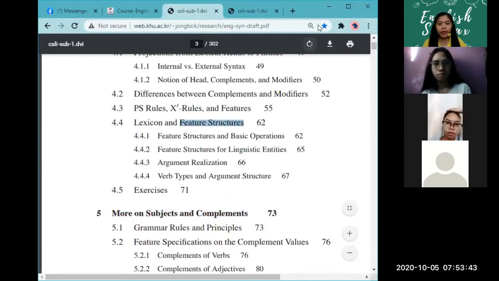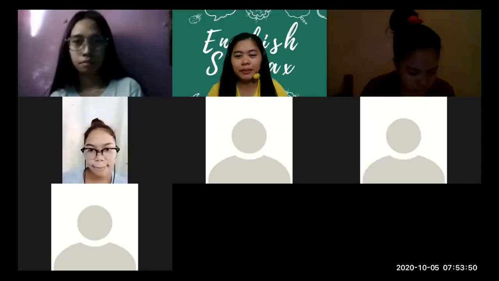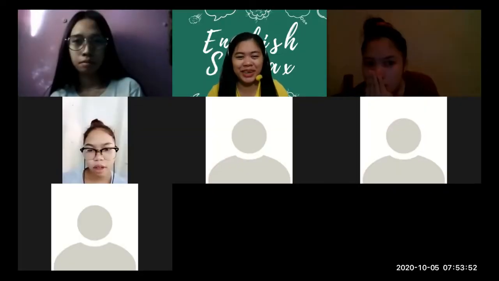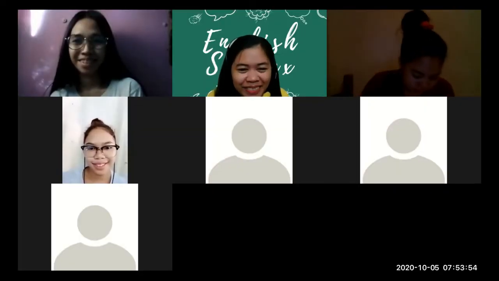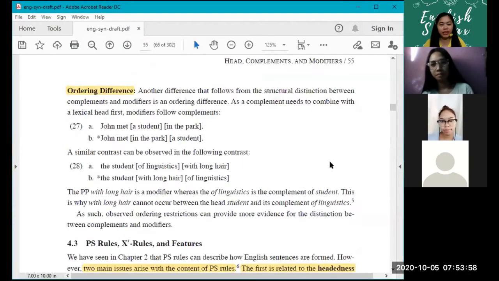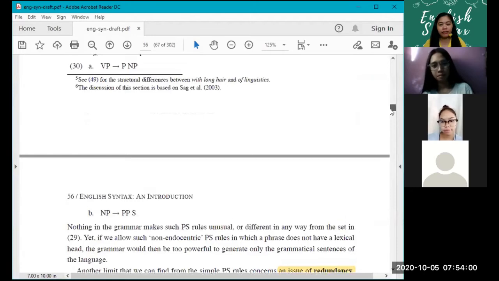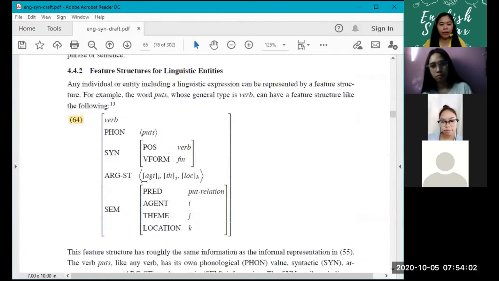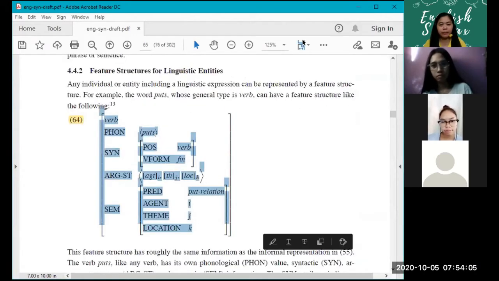Do you have a hard time, or is it easy for you guys to understand the feature structure? Okay, let me show you this one. So this is the feature structure.